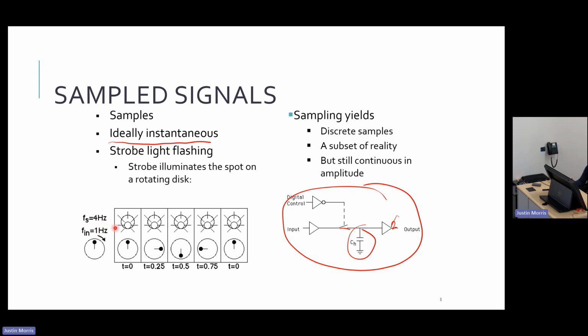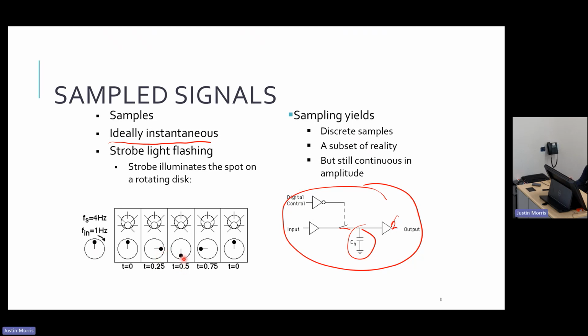So we have this strobe light at 4 hertz, and it's illuminating a spot on a rotating disc. If we sample it at 4 hertz, and the rotation of this disc is 1 hertz, then at time 0, we would see that it's at the top. At time 0.25, which is our next sample, we would see it on the right side.